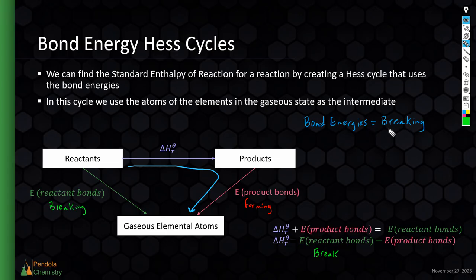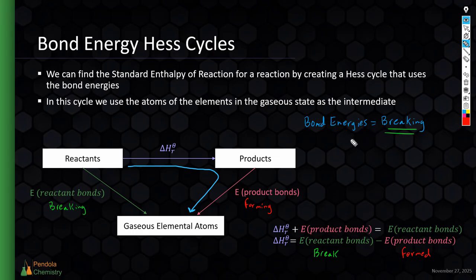And since bond energy is bond breaking, it's always going to be positive. We keep this one positive because the reactants match the definition of bond energies. It's a breaking of bonds. On the other hand, the products are being formed. This does not match bond energies, right?